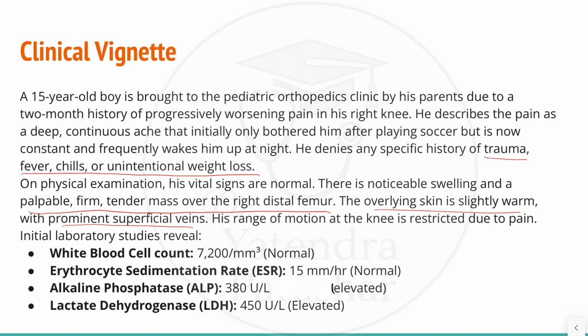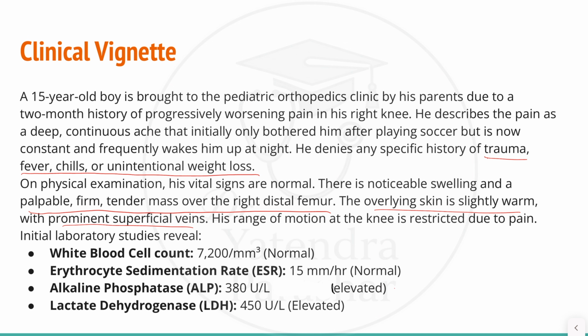So this swelling is less likely to be infectious, less likely to be associated with trauma. The most important differential diagnosis of such swelling at the distal end of the femur, with no history of fever and inflammatory markers not elevated, is osteosarcoma.